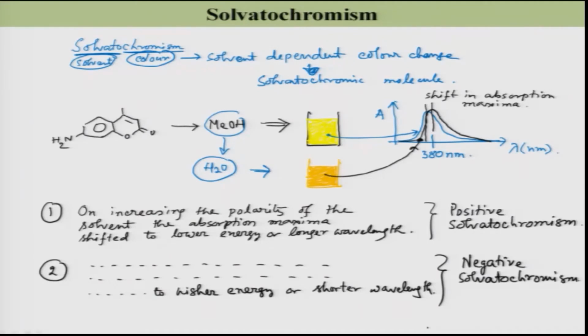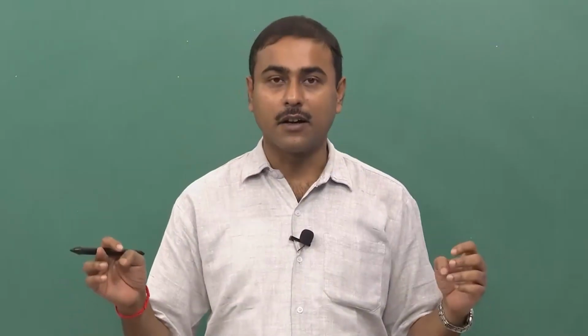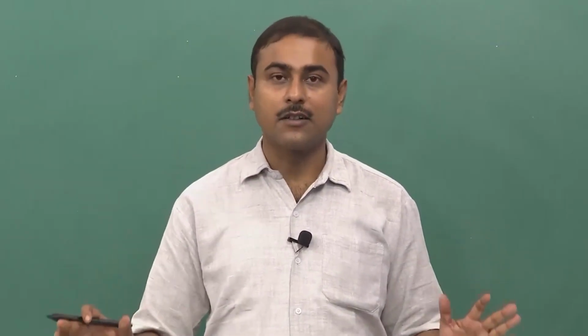Okay, so let us see what is the origin of this. Before that, let me tell you what is this polarity? Polarity is the property of the molecule by which it is a cumulative property, cumulative result of many different interactions. Ultimately, more polar means it will be able to stabilize an ion or a dipole more easily compared to a solvent with a less polarity.